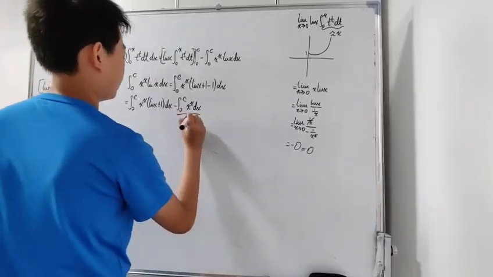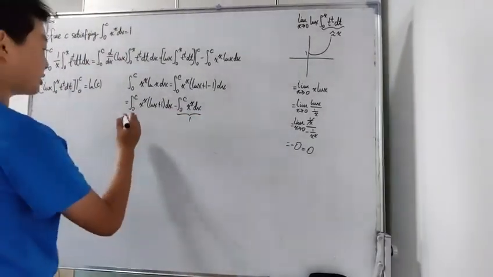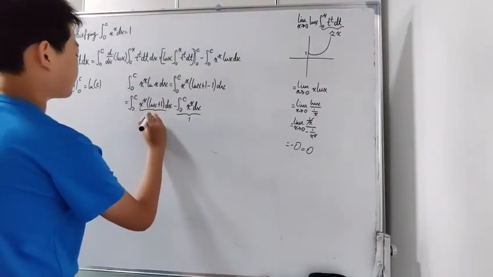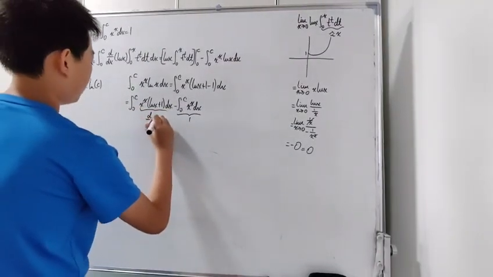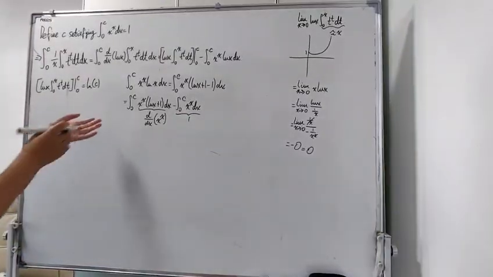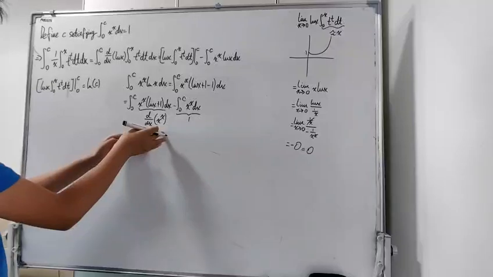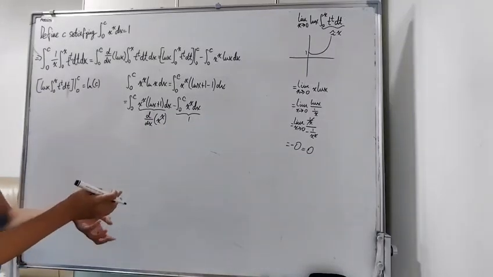Now this bit we know is just 1, but what about this bit right here? Now this bit is kind of special, because this is just the derivative of x to the x. So we're taking the antiderivative, or the integral, of the derivative of x to the x, and that's pretty easy.